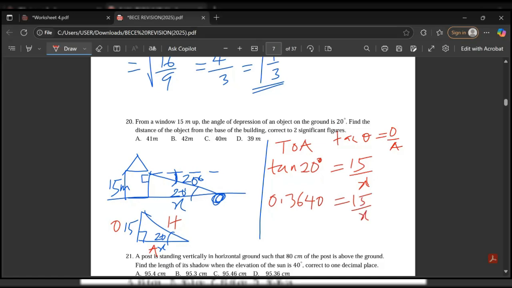When you cross multiply, x will be 15 divided by 0.3640. That gives us x equals 41.2 meters. Since we don't have decimal points here, the closer one is 41.